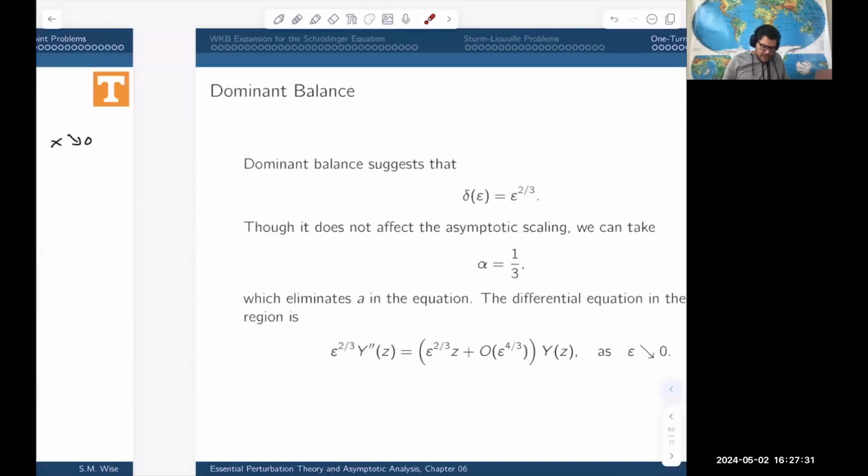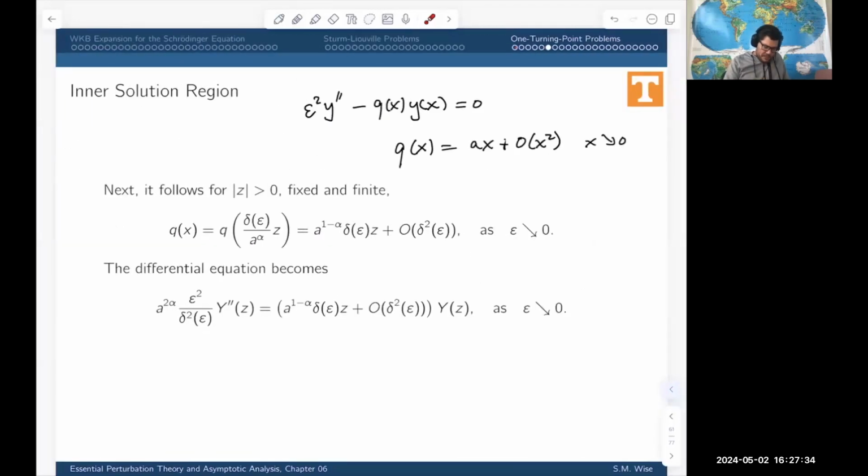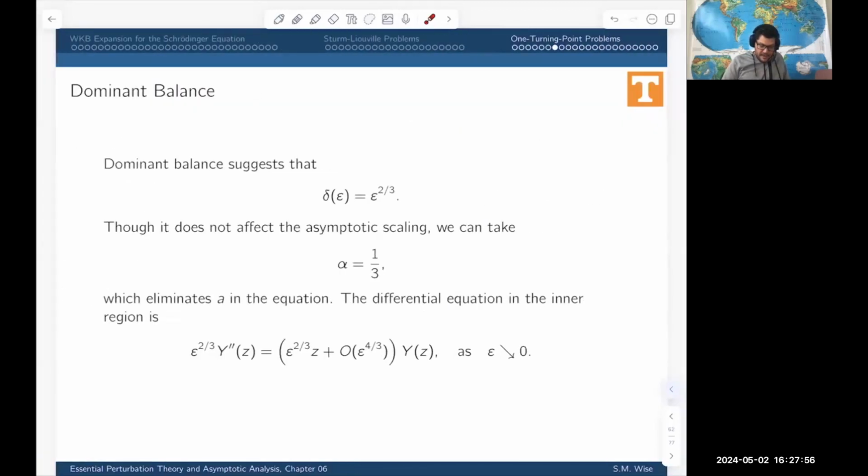Now, for dominant balance, we really only have a couple of choices here. What we're going to choose to balance is this term and this term. And if we do that, that sets a scale for what delta should be. Delta of epsilon works out to epsilon to the 2/3.